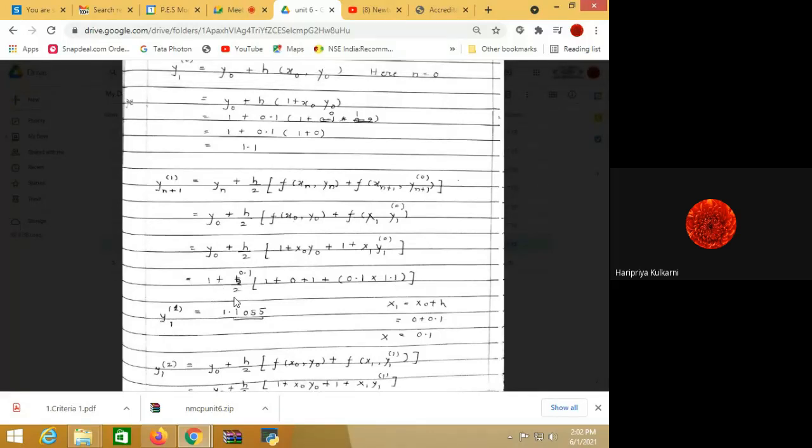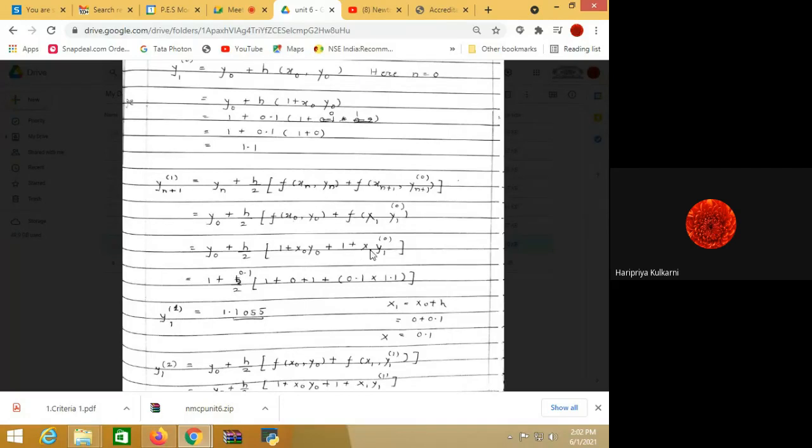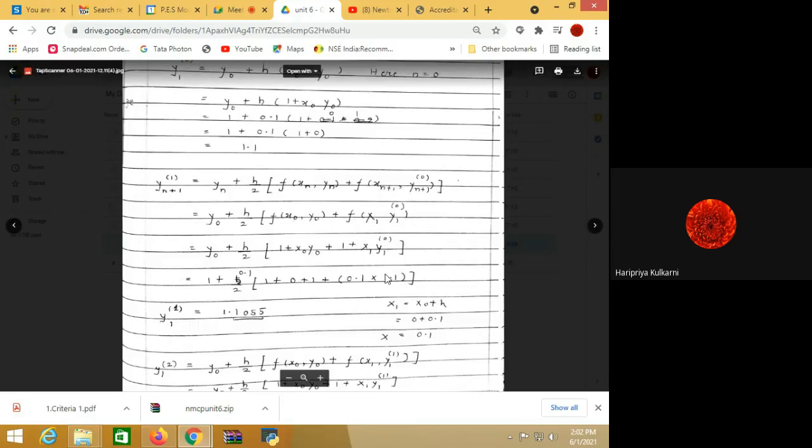So 1 plus 0.1 upon 2, with 1 plus x0 y0, which we already found: 0 into 1 is 0, so 1 plus x0 y0 will be 1. Plus here 1 plus x1 y1, where x1 is 0.1 and y1 is 1.1. We'll calculate this. It is coming as 1.1055.